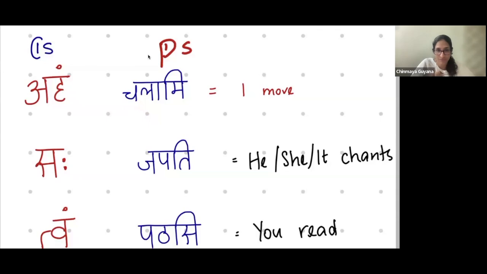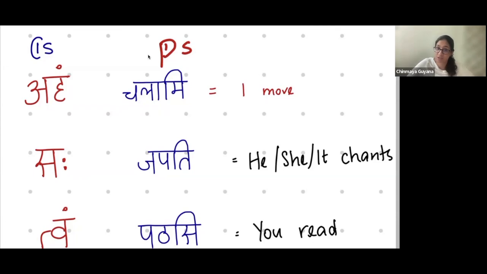I move. Now, later on we will learn, based on the verb base, you can tell if it is present tense, past tense, future tense. So one word can tell you so many things at the same time.